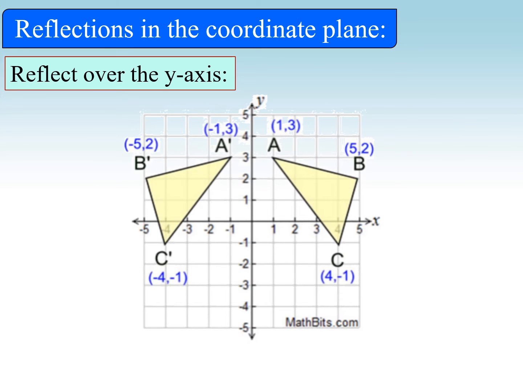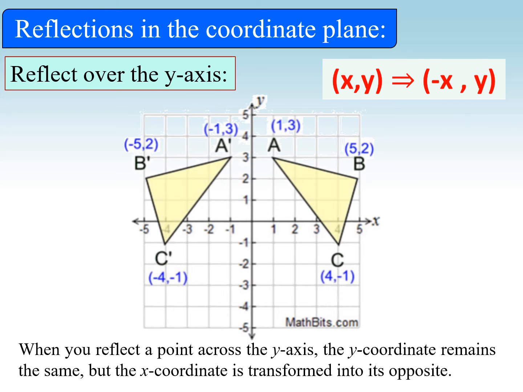So we have different types of reflections in the coordinate plane. The first one is reflect over the y-axis. To reflect over the y-axis, we have the pattern: from your original (x, y) coordinates, it will become (-x, y).